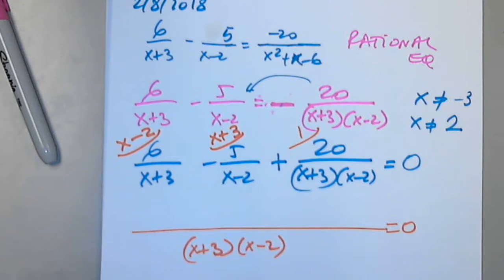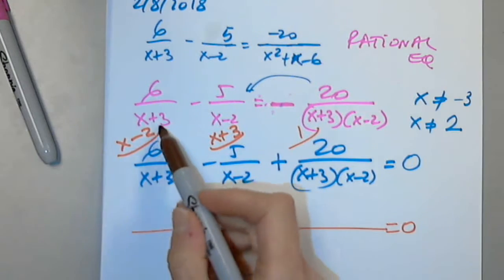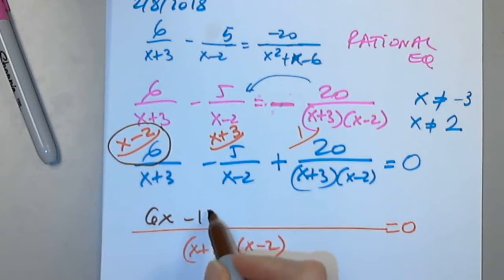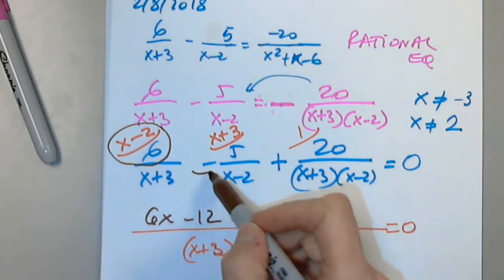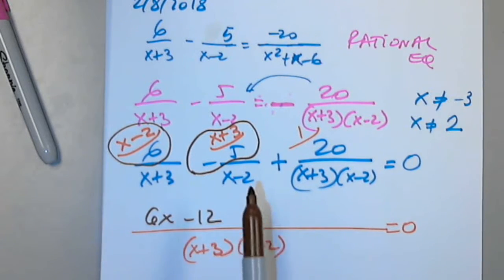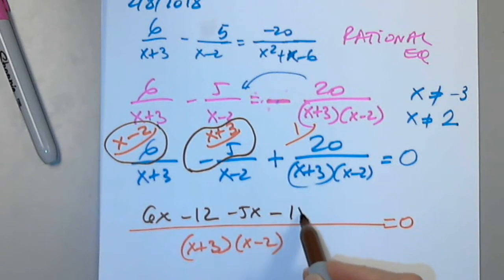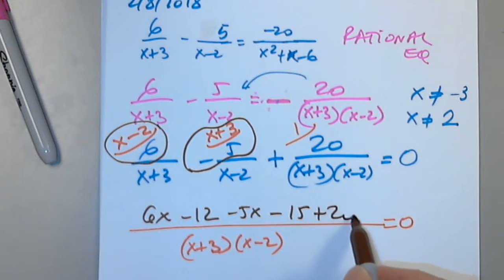Thank you, Damon. So then I have to multiply these. So 6 times x, 6x, and minus 12. I have to multiply these. Negative 5x and minus 15, and then plus 20.